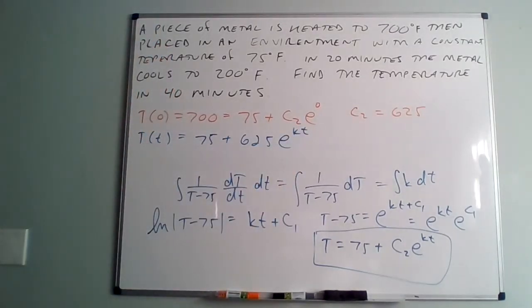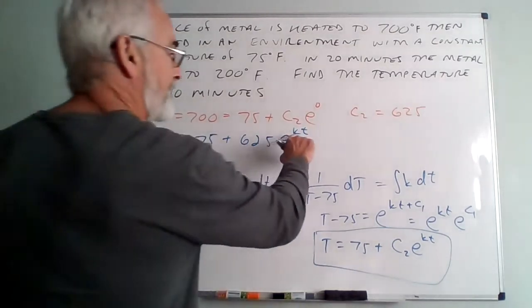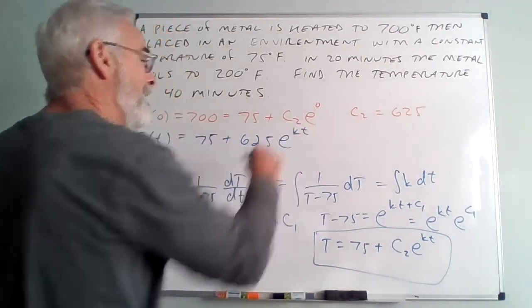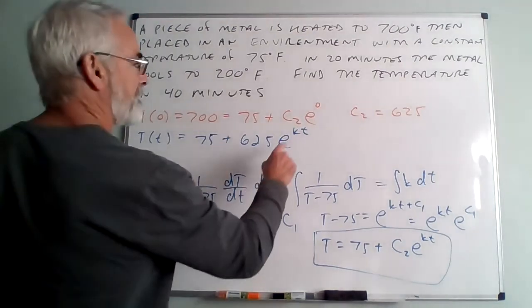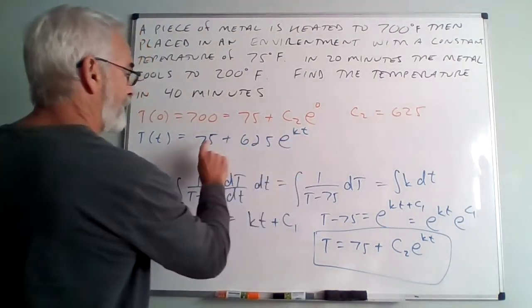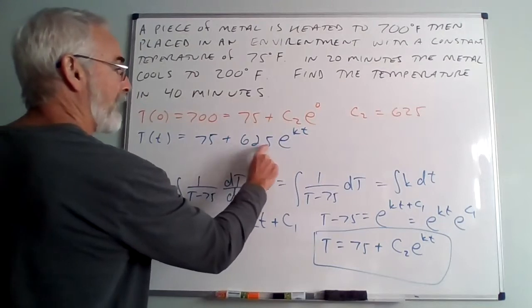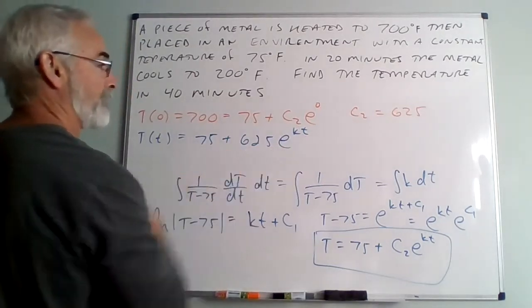Now, this isn't the end equation that we want because we still have to calculate the value of k. k is a specific constant that has everything to do with how fast this is cooling down. Now, a quick check. When t is 0, we'd have 75 plus 625 e to the 0, which is 700.